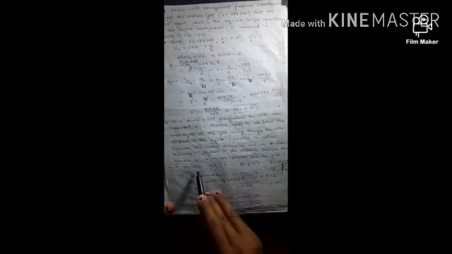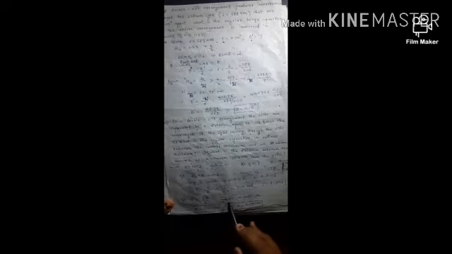Substitute the values. From this condition we get lambda upon d as 1 upon 100. Substitute here and you will get theta as 0.01 radian, and the second, x equals lambda D upon small d, which is equal to 1 upon 100 times 50, and the answer will be 0.50 centimeter.